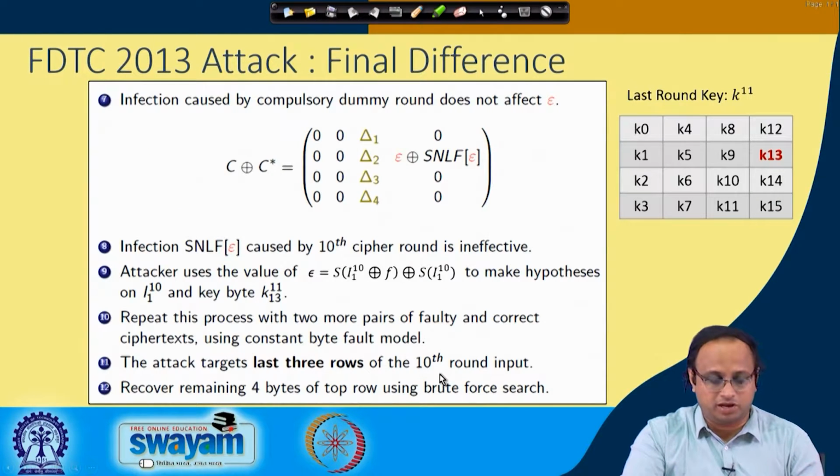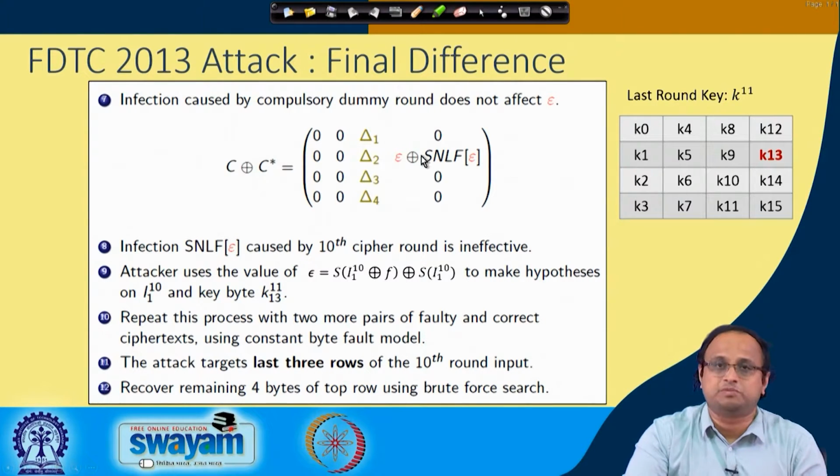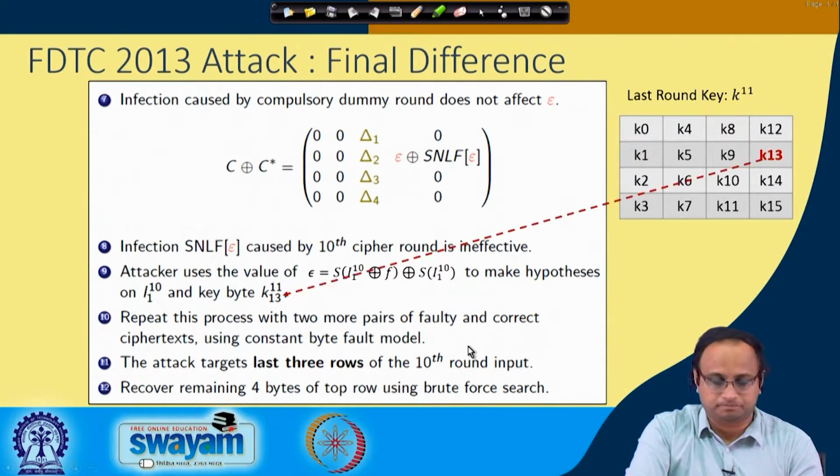So this leads to an attack, and this attack would work on all the last 3 rows of AES, because in all of them, because of this shift, this disturbance will get exposed to the adversary. I will emphasize later that if this fault happens at the first row, this will not happen, because there is no shift in the first row of the AES state matrix when we are considering the AES round.